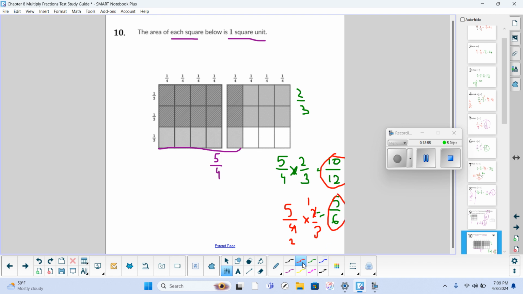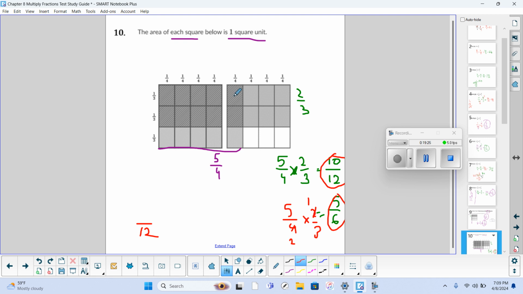But I do want to go back to this image and discuss with you a visual way for you to see this answer. And that is, one of these squares is broken down into how many equally sized pieces? 1, 2, 3, 4, 5, 6, 7, 8, 9, 10, 11, 12, right? So 12 is our denominator.